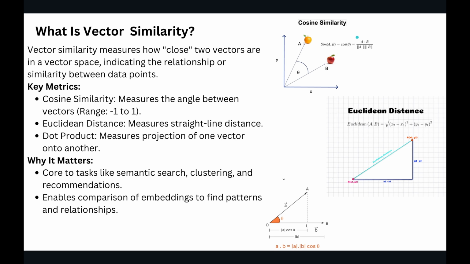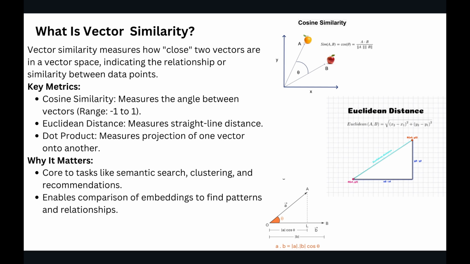If one vector is represented as x1, y1, z1 and another vector as x2, y2, z2, then the dot product is the multiplication of the numbers and summing them up, like x1 x2 plus y1 y2 plus z1 z2. Like this, we can calculate the dot product, and if we divide it by the magnitudes of the two vectors, we get the cosine of the angle. This is a way to represent the similarity between two vectors.